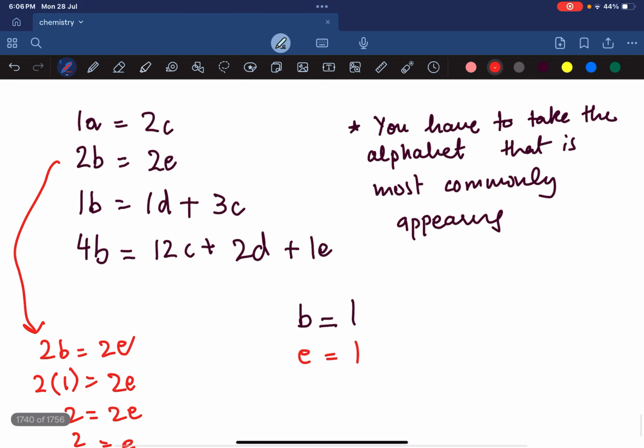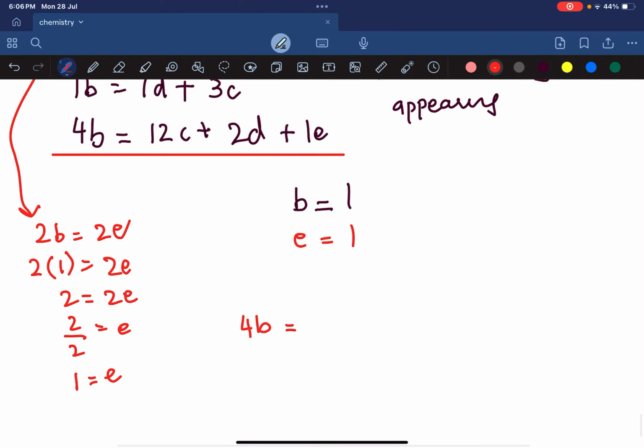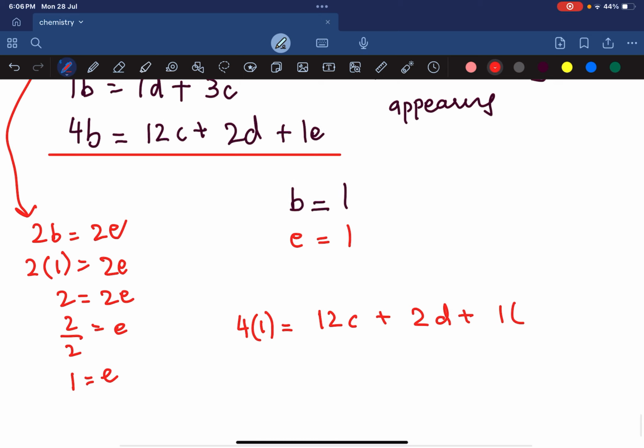Now I have the answer for E and B. Next, I'm going to choose this equation: 4B equals 12C plus 2D plus 1E. I have the value for B, which is 1, so I'm going to put 1 instead of B. I don't have the value for D. I have the value for E, which is equal to 1, so 1E means 1 times 1.